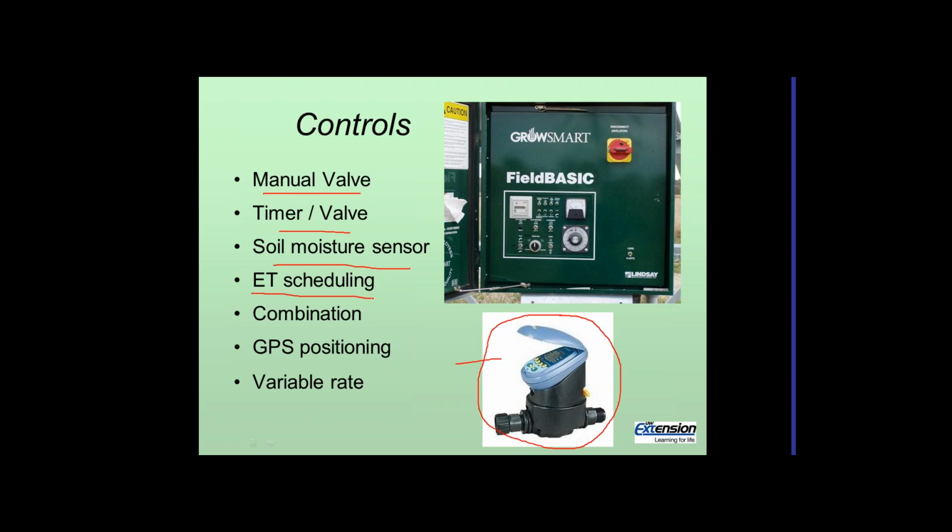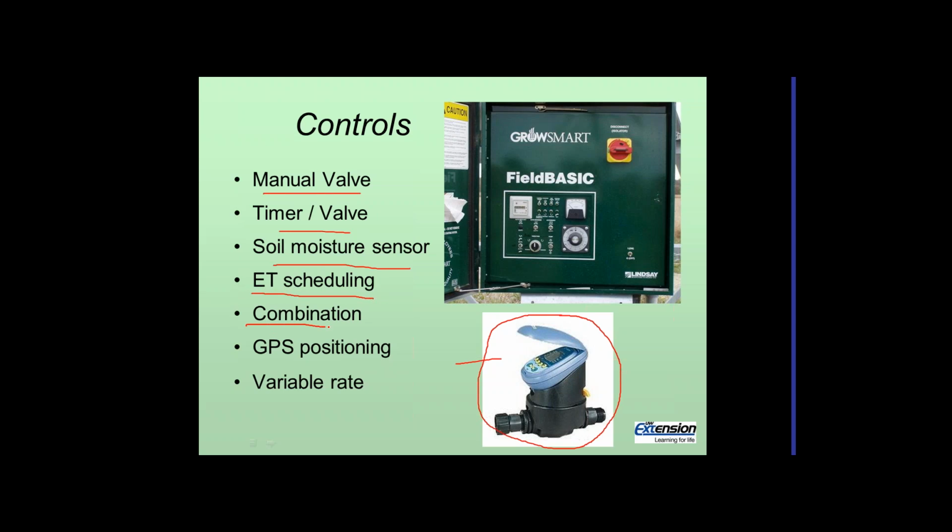Next week we'll be talking more about that, and we can have that system so if we're less than our optimal target, the system would come on and provide water. And we may do that manually, make that decision, or it could be automatic.